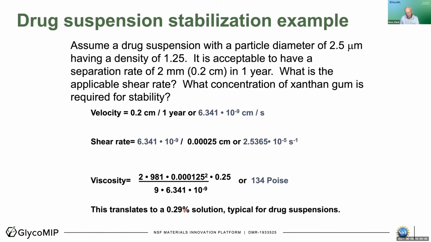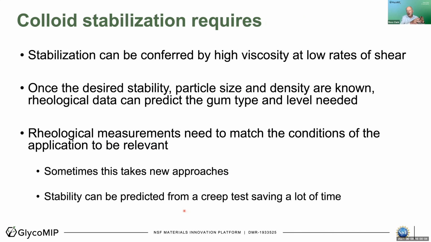Now you'd say, well, that's a lot of trouble to go to, except that I can now predict using a test on a rheometer. And even if I take 2 or 3 days, I can predict what's going to happen in a year of storage stability. So stabilization is conferred by viscosity at very low rates of shear.